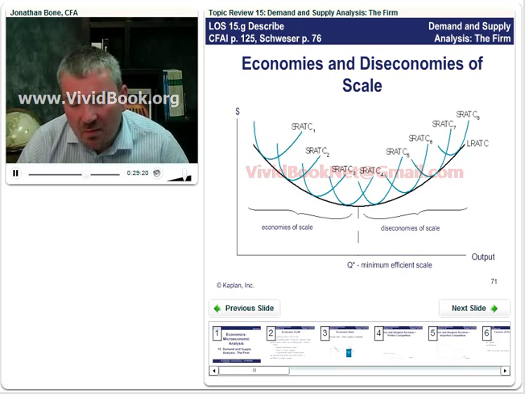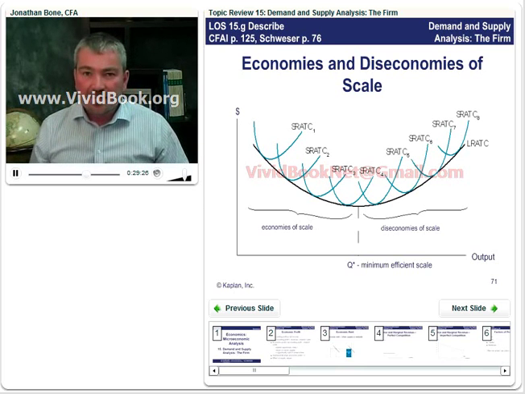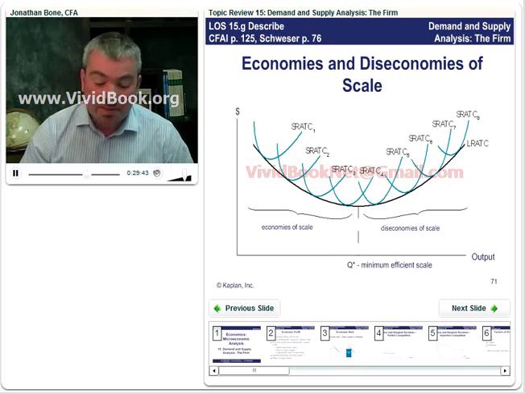However, in the long run, you can change the size of your firm. You can change plant size. Your plant size becomes variable. So what we've got is essentially different short run average total cost curves for different sizes of the firm. Now you'll notice what happens in the long run is initially as we increase the size of the firm, we benefit from economies of scale.